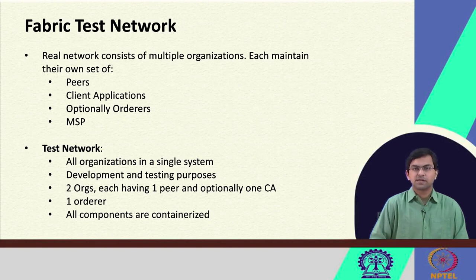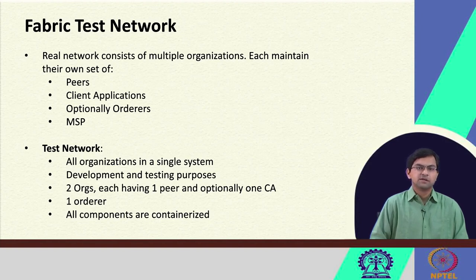If you run it on your laptop, it will create all the organizations on your laptop, separated by Docker containers. This setup is very useful for testing and development purposes. If you want to develop a Fabric application or chain code, you can just start a test network, deploy your chain codes in it, and run your applications to see how they work.